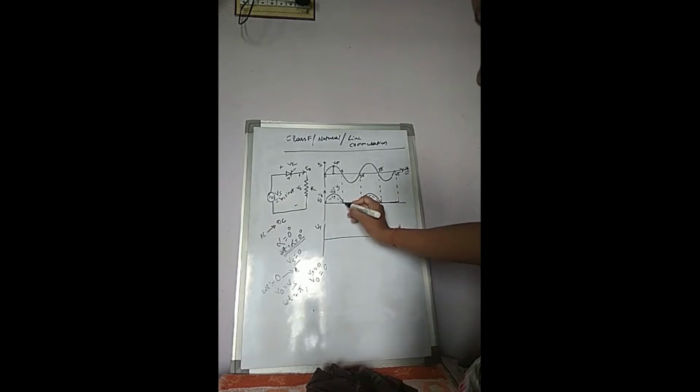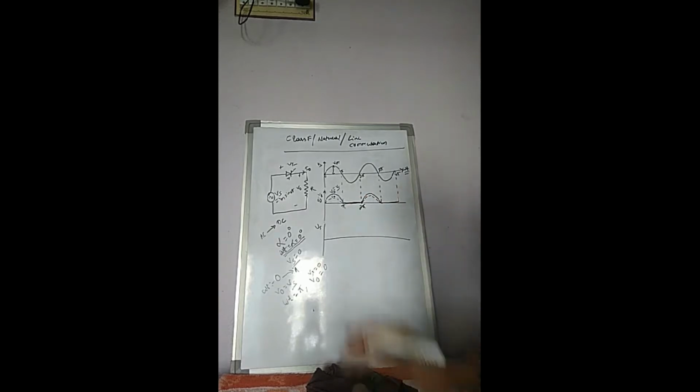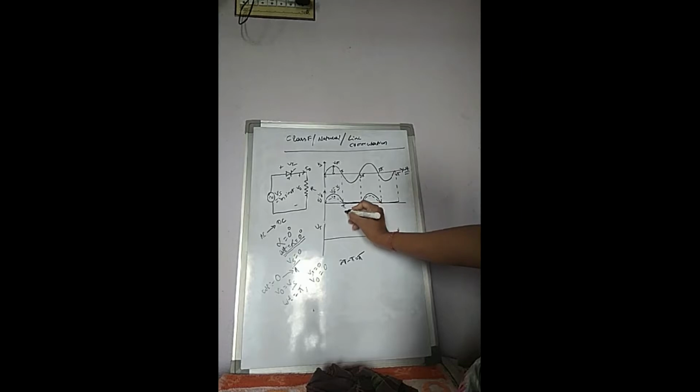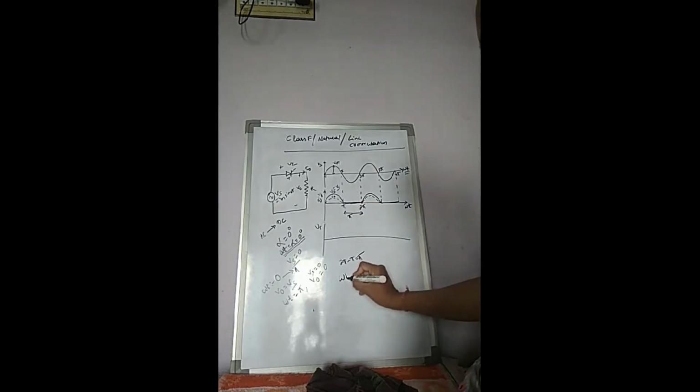Okay, from omega t equal to pi to 2 pi, the thyristor is reverse biased for a period of 2 pi minus pi, which is equal to what? Pi. So the period is here pi. Okay, this axis is omega t. So you can write omega Tc is equal to pi. If omega Tc is equal to pi, then Tc is equal to what? Pi by omega seconds.